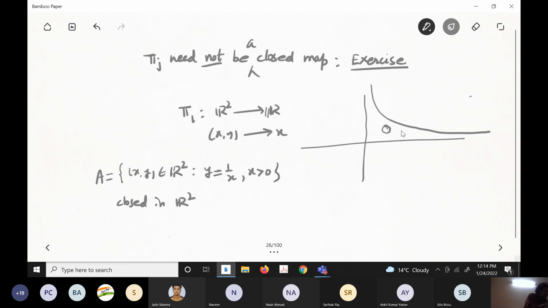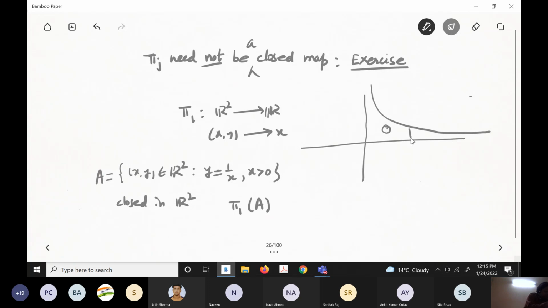In fact, intuitively, if you have two dimensions, then something similar to one dimension will be closed. Similarly for higher dimensions. So this is closed. And what will be this pi 1 of A? Look here, projections. First projection means what?